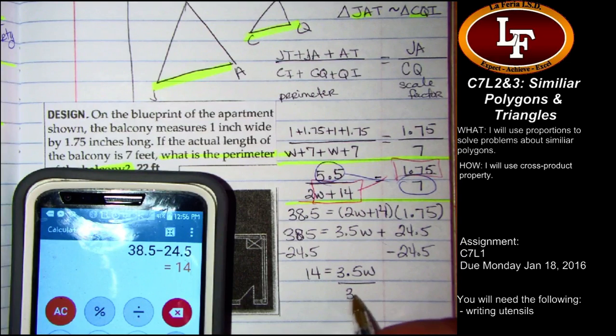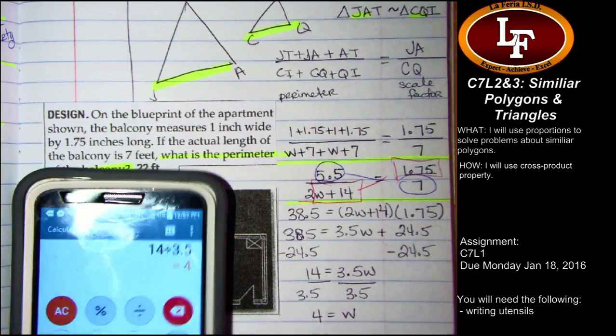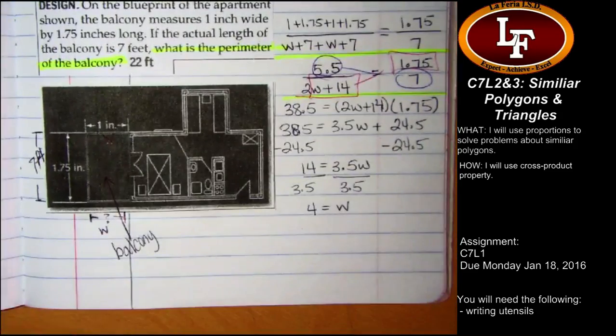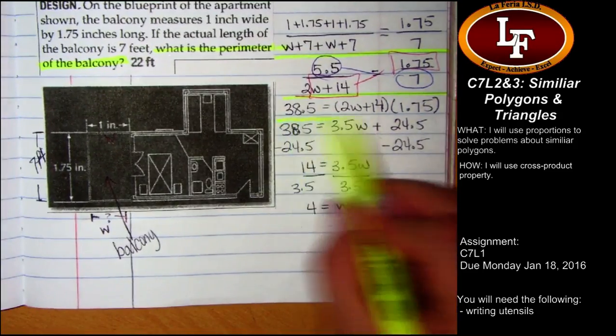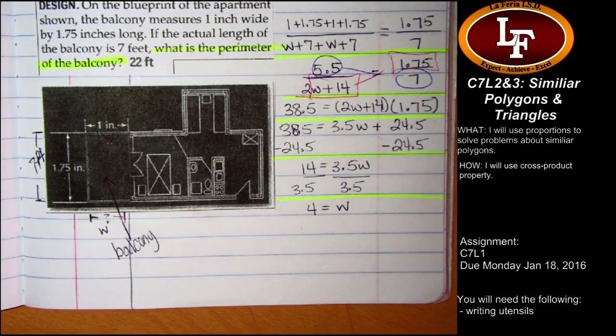And now I'm going to get rid of that 3.5 that I am multiplying by using division. 14 divided by 3.5 is 4. Just going to go through and separate my steps a little bit, make it easier to see.